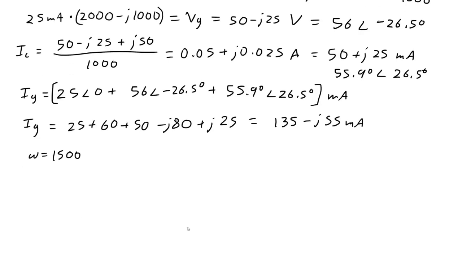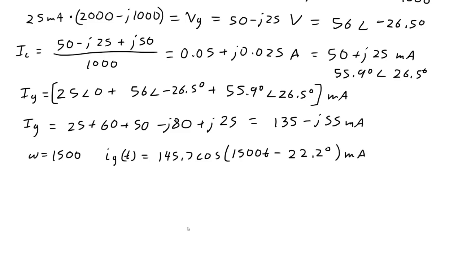So IG(t) is going to be the magnitude of this, which is 145.7 cosine of 1500t at a phase angle of minus 22.2 degrees. These will be milliamperes.